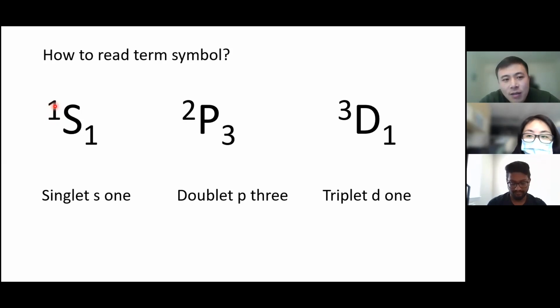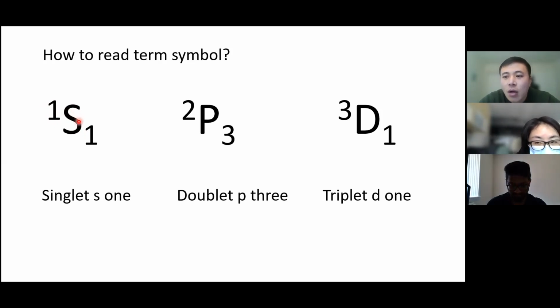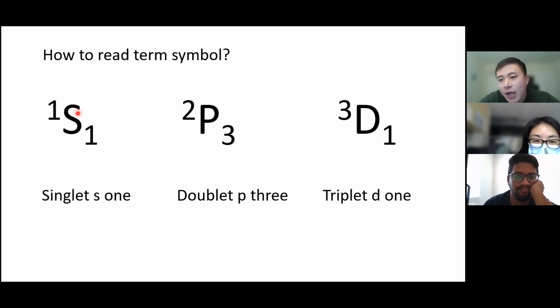We'll cover that later. And this means L equals 0, right? So for L equals 0, then we have the S. And this is basically saying J equals 1. J is the coupling of both the spin and the orbital angular momentum. And in this case, J turned out to be 1. And we pronounce this term as a singlet S1.